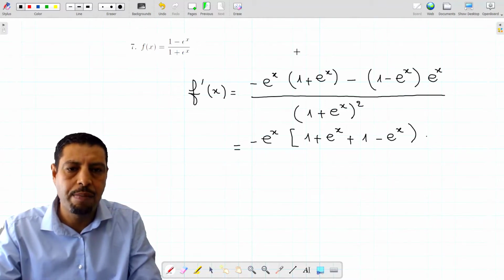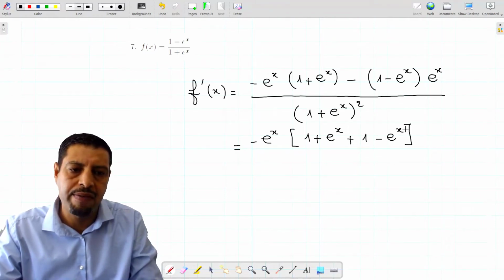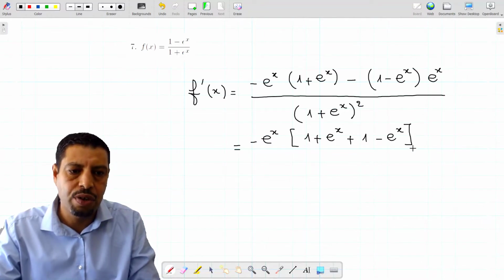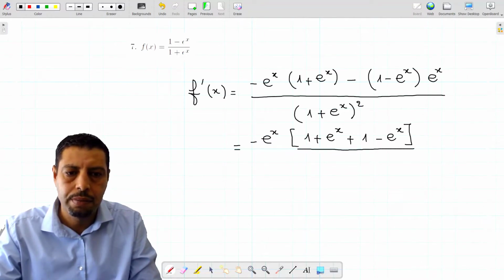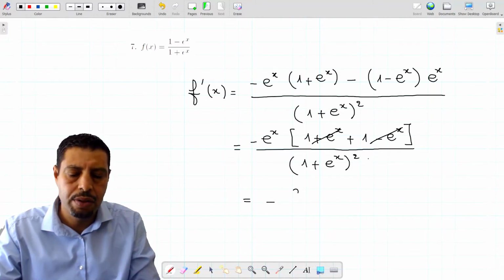Don't forget that we put negative exponential x as a factor, so this negative sign goes with the negative exponential x as a factor, okay? So over (1 plus exponential x) squared. Here we can cancel the exponential x, okay? And we're going to obtain 2 times negative exponential x, which is negative 2 exponential x over (1 plus exponential x) squared.